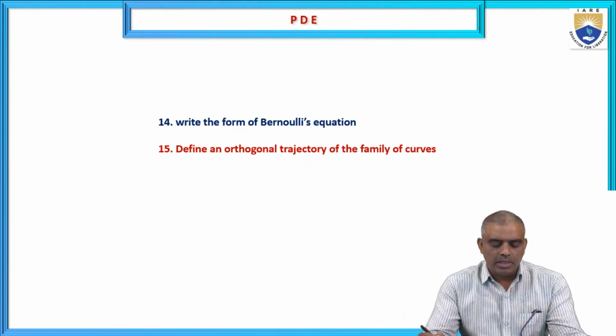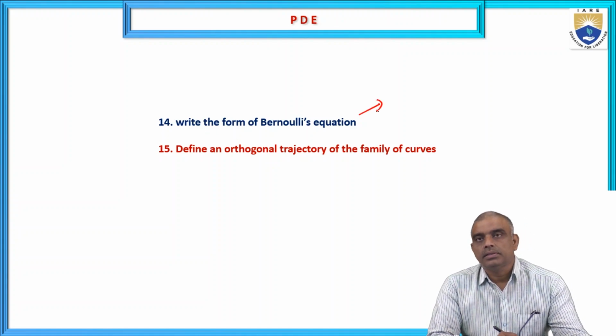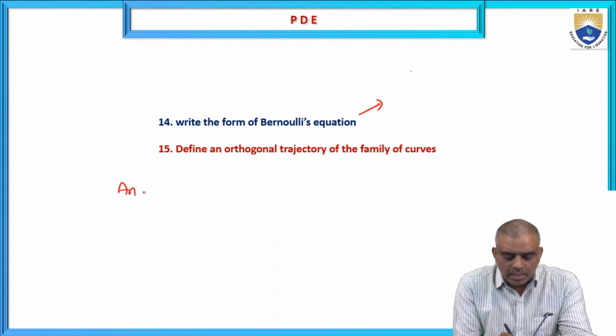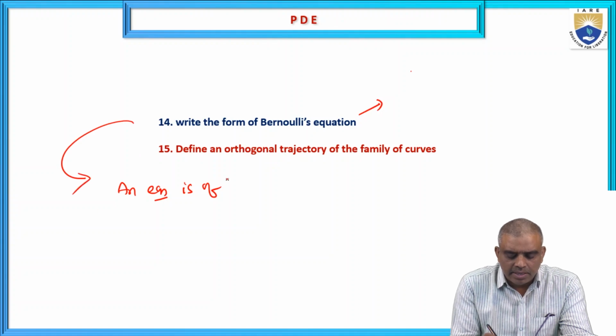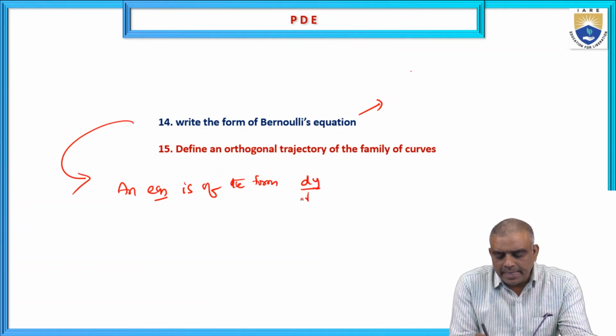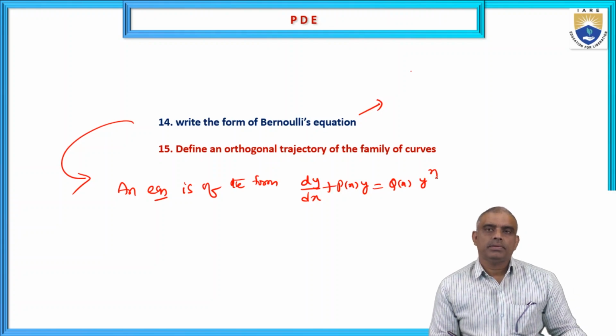Next, I am coming to write the form of the Bernoulli equation. What is the Bernoulli equation? An equation of the form dy by dx plus P of x into y is equal to Q of x into y power n. This is called the Bernoulli equation.